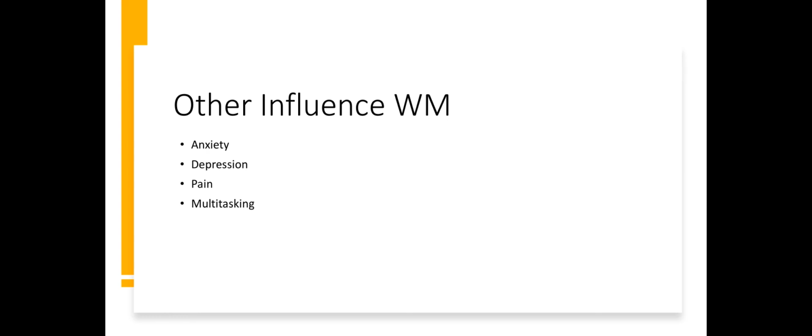There's also some research on pain and also on multitasking. We know that the more information we're juggling, the less likely we are to attend to it and get it into our working memory in the first place. Again, it comes back to understanding encoding of that information.